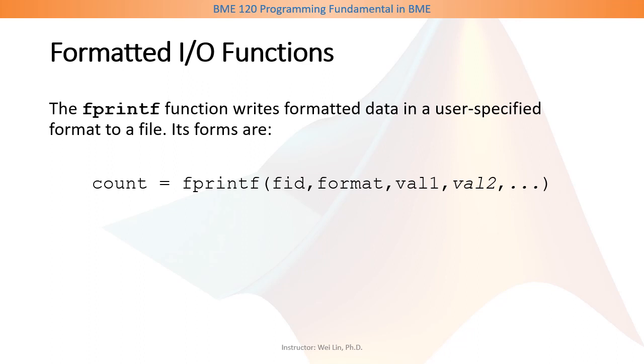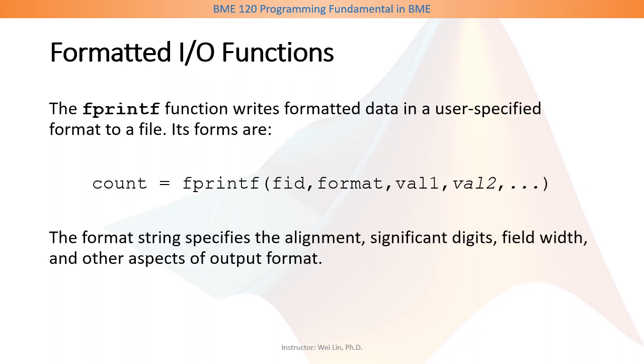It has the following forms. When you look at this form, there's some difference from the form that you used before. That is, the first input value will be the file ID, and the rest will be the same as you used before.